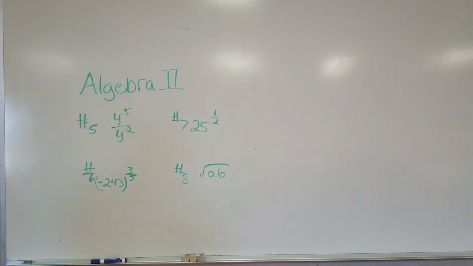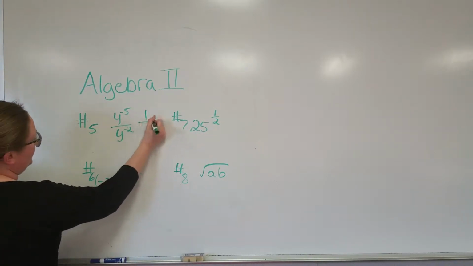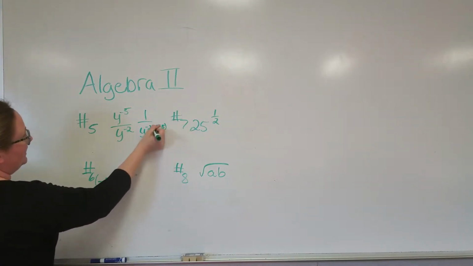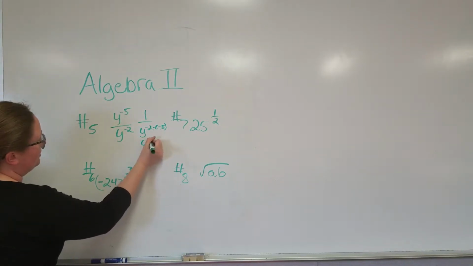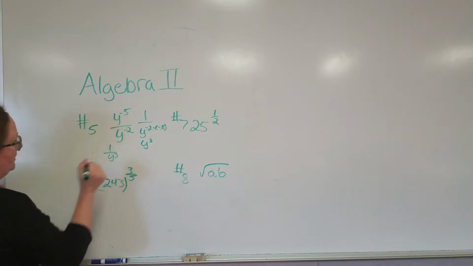So you're going to subtract the y to the power of negative 5 on the bottom. So you're going to just have a 1 up there. It's going to say y to the power of negative 2 minus negative 5. Minus negative means positive. So negative 2 plus 5 equals 3. So your answer will be 1 over y to the power of 3.